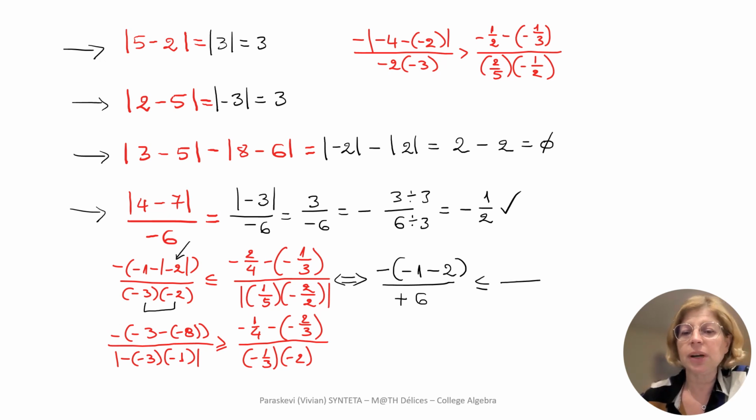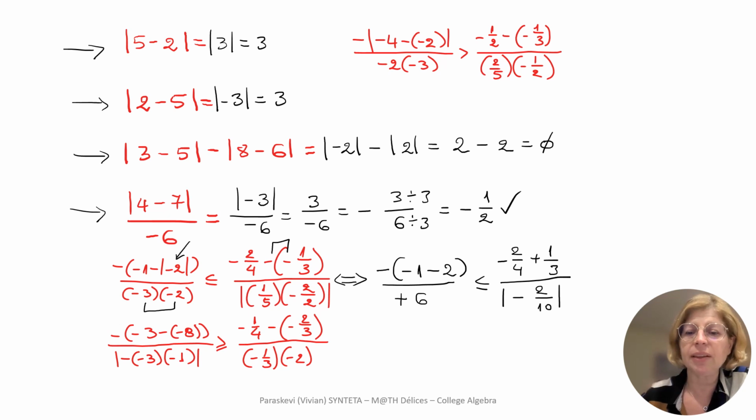Here, I've got an inequality. And on the other side, I'm going to take away first the parentheses, so we'll rewrite minus 2 over 4 plus 1 over 3. And below, I've got an absolute of multiplication, so I will do first the multiplication inside. So this will be a minus 2 over 10.